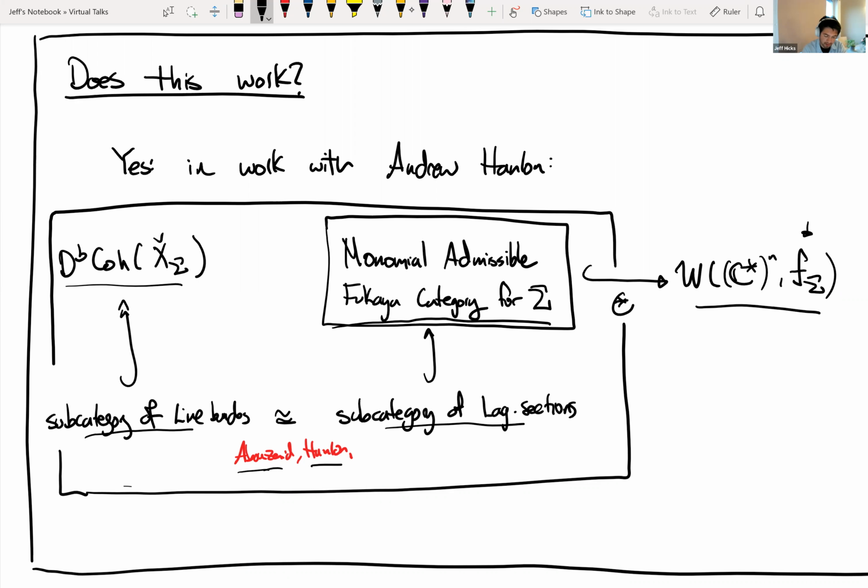Now, in the first part of this project that I'm working on with Andrew, we construct an inclusion of the monomial admissible Fukaya category for sigma into this partially wrapped Fukaya category. So we're allowed to use machinery to talk about partially wrapped Fukaya categories to handle homological mirror symmetry.